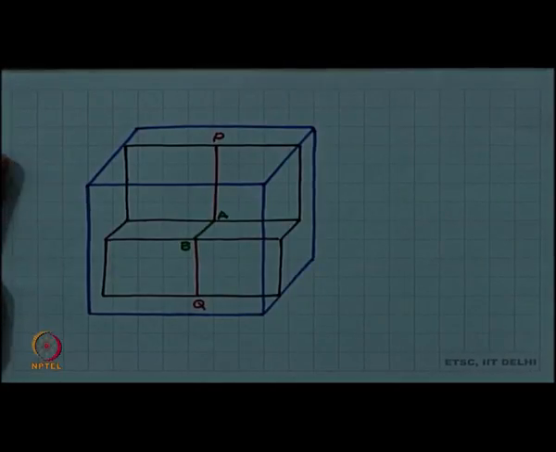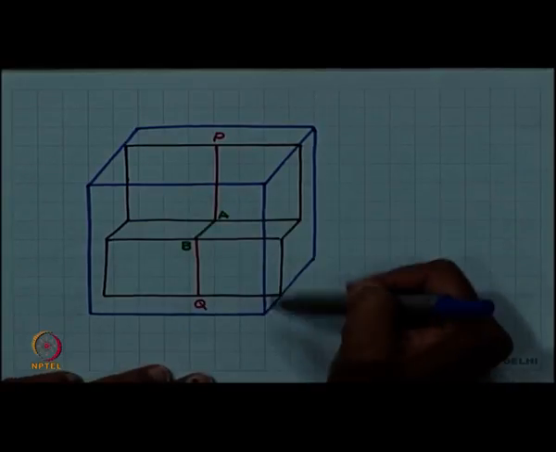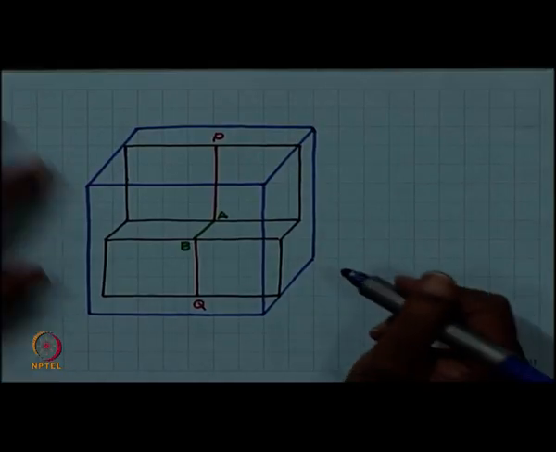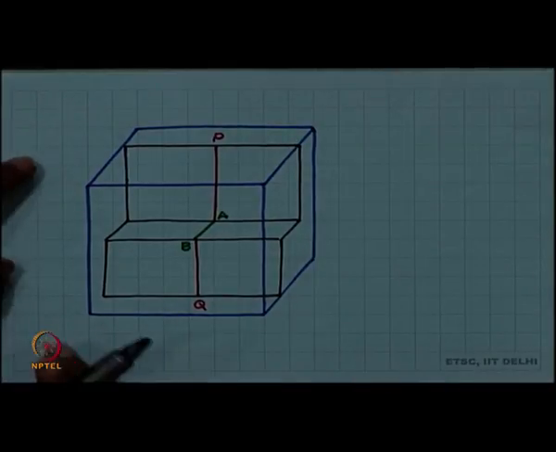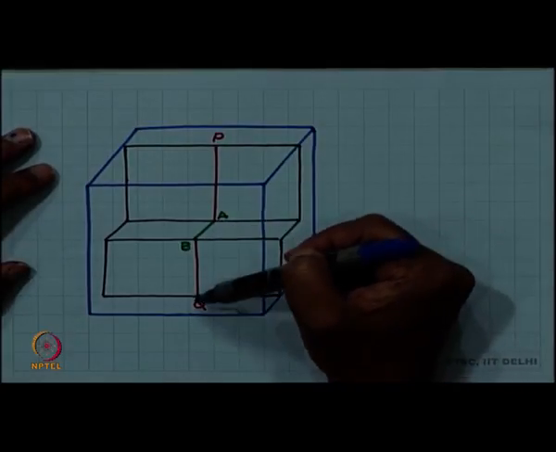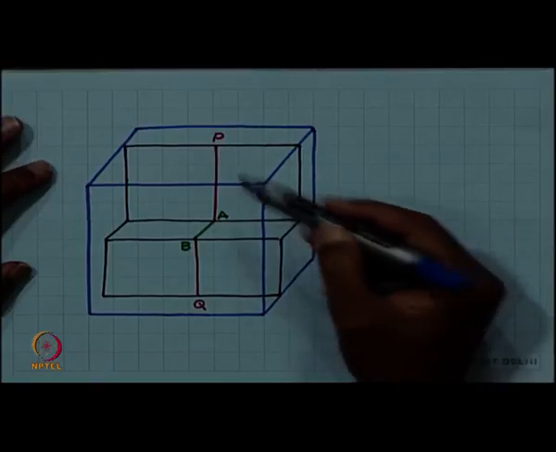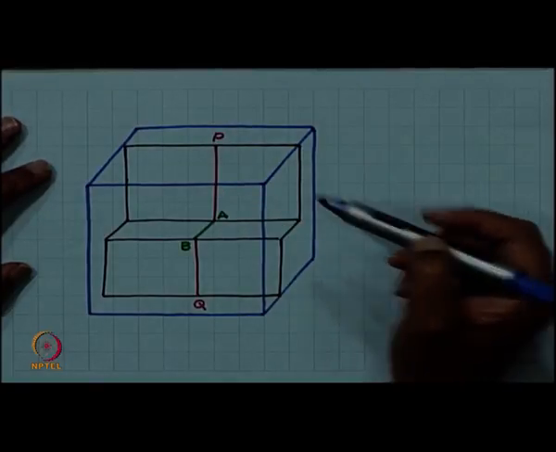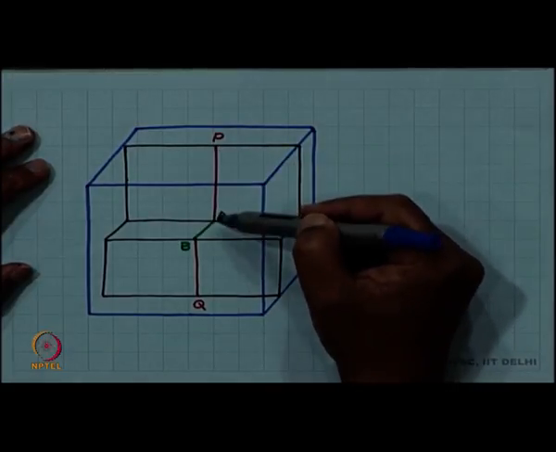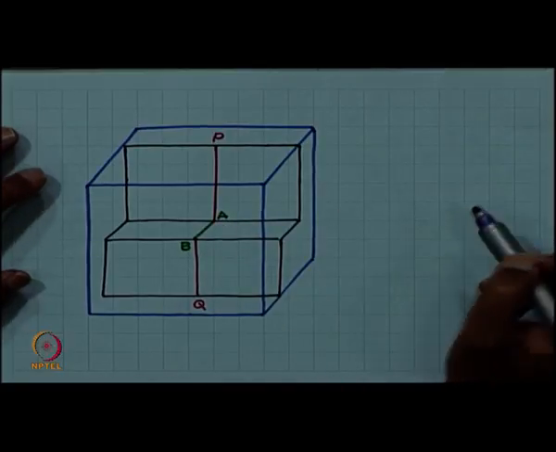So, in this drawing, by the blue line, you can imagine a cubical solid, a cubical crystal, and within that crystal by this PABQ line I have drawn a dislocation line. So, this is a segmented dislocation line. It has two vertical segments, PA and BQ, and a horizontal segment AB.